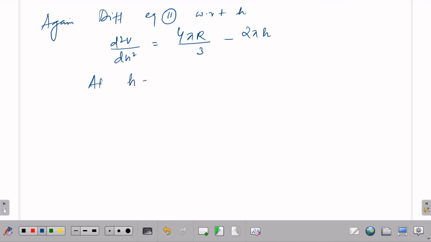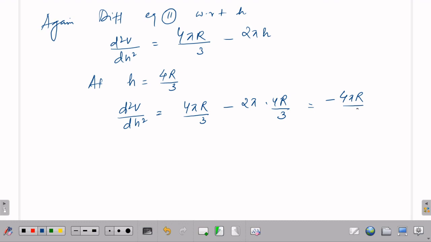So I got h to be nothing more than 4r by 3. So d square V by dh square would be 4 pi r by 3 minus 2 pi into 4r by 3. So if I solve this one, I'll be getting the answer minus 4 pi r by 3, which is less than 0.